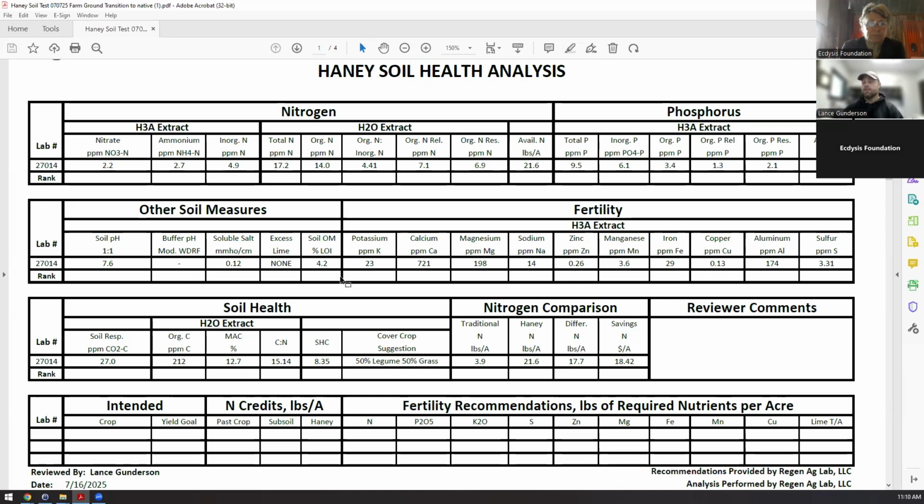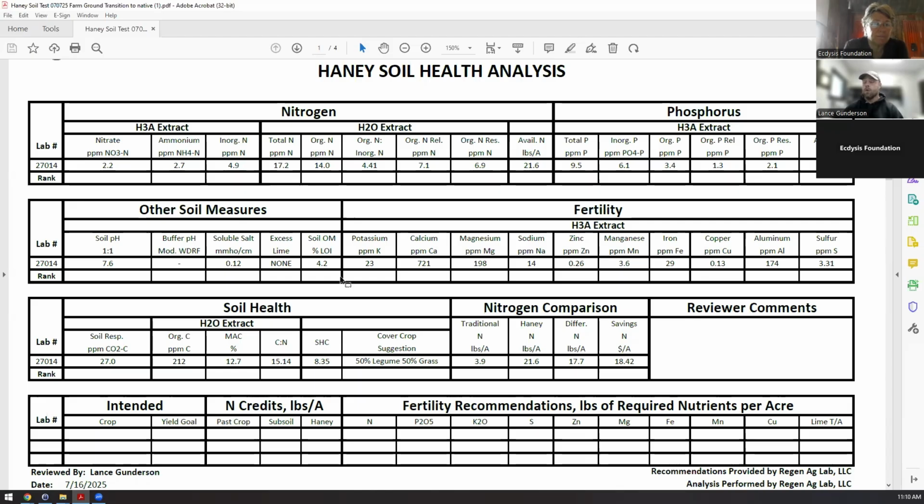So the very first number I mentioned was soil respiration. So if we go four numbers to the left, where it says soil resp parts per million CO2-C, in this example, the value is 27. When I see a soil health score of 15, I know that my respiration is fairly high.